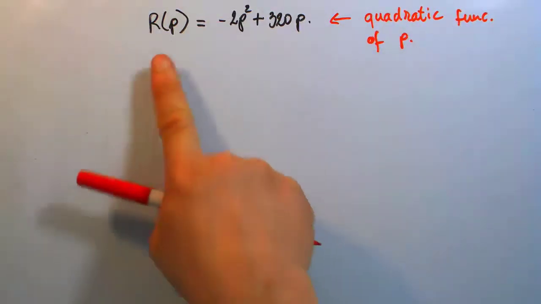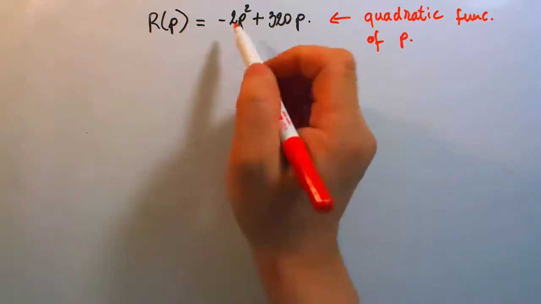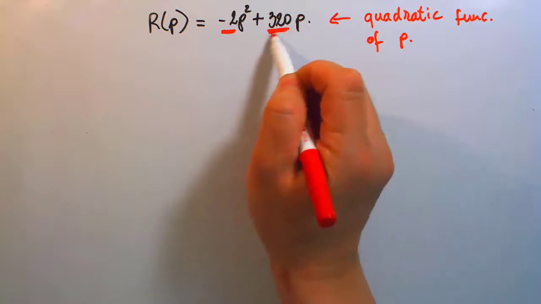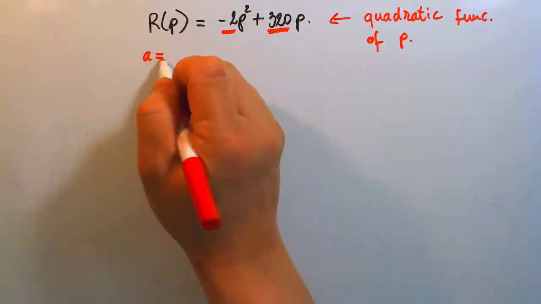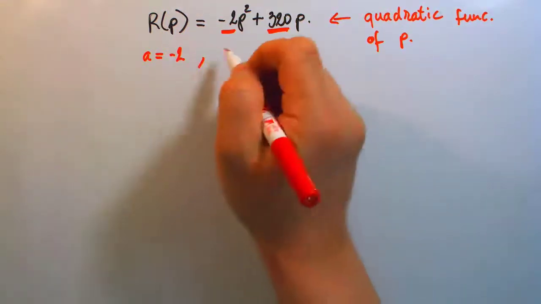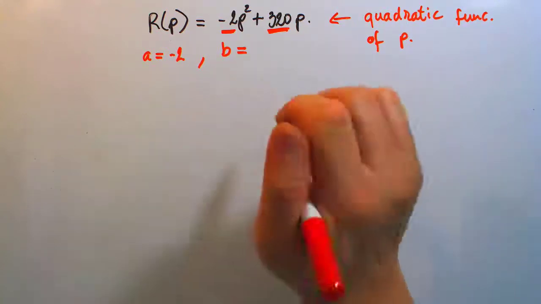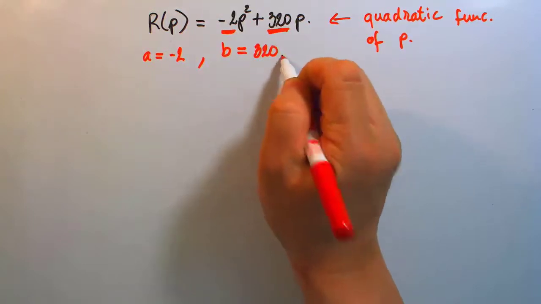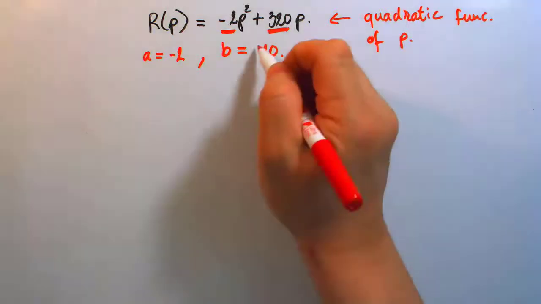So R is a quadratic function in terms of the variable p. In formal quadratic language, the quadratic term has coefficient negative 2, and the linear term has value 320. So that's the value for the linear coefficient.